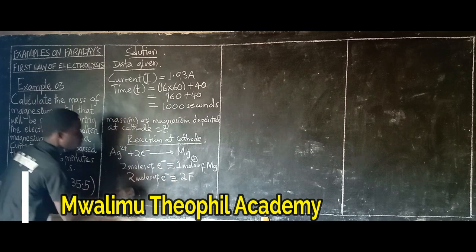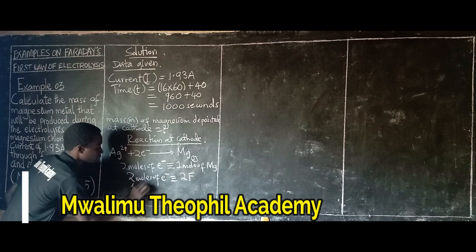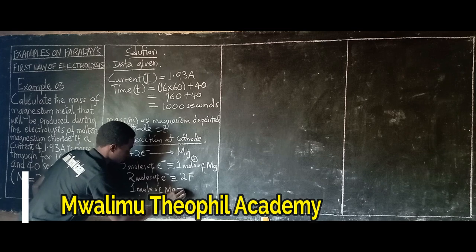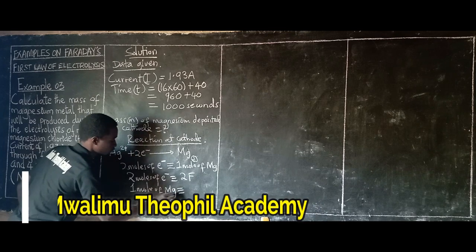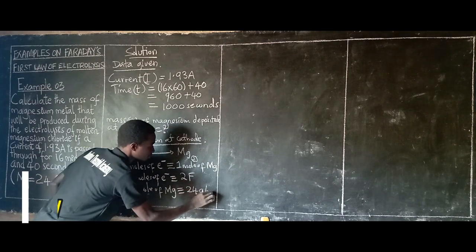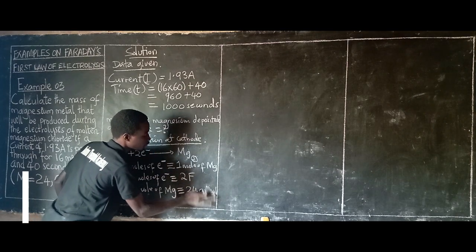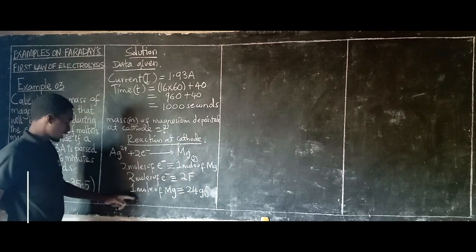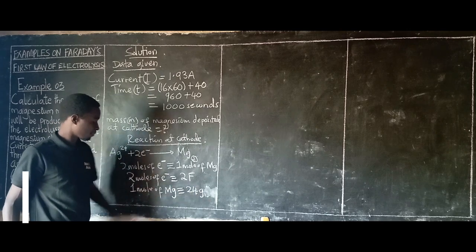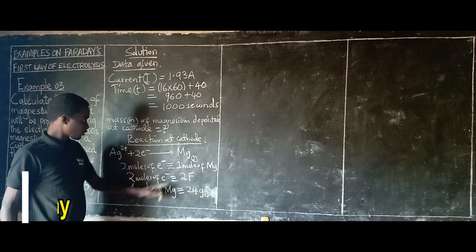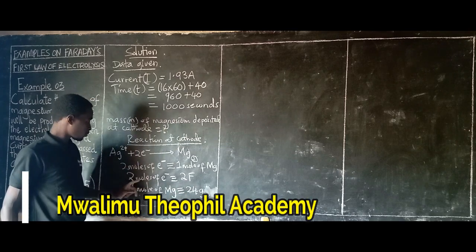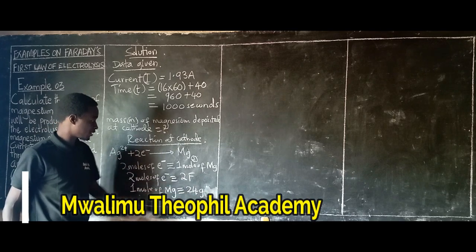Also, you have to know 1 mole of magnesium is equivalent to 24 gram per mole. I can say 24 gram. So 1 mole of magnesium is equivalent to 24 gram. Now, in place of 1 mole of magnesium, I'm going to put 24 gram, and in place of 2 moles of electrons, I'm going to put 2 Faradays.